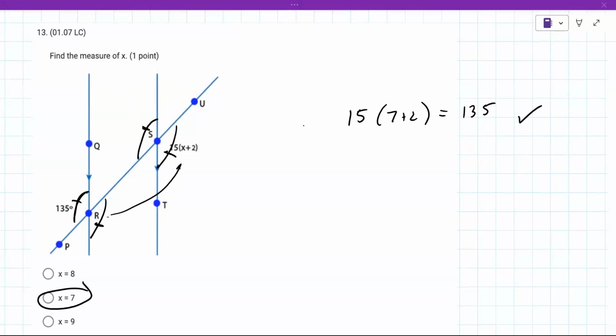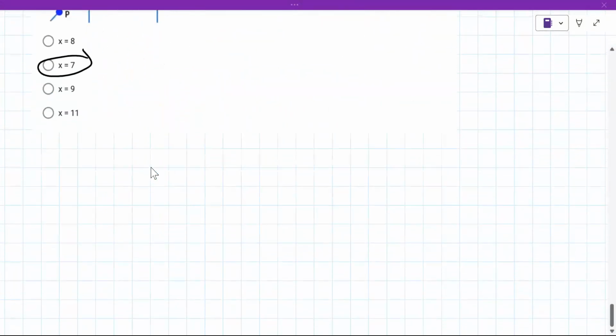Now this one's more proving it with the theorems. Right, there it is.